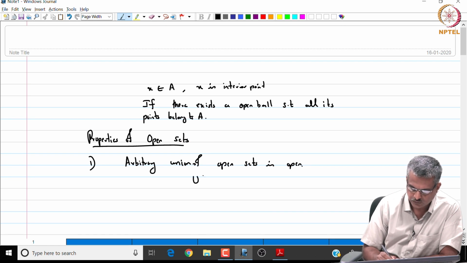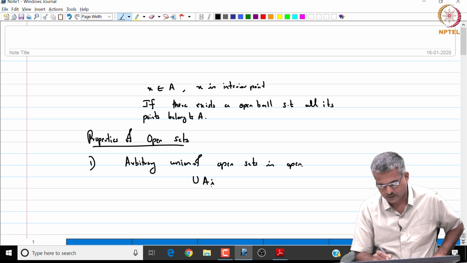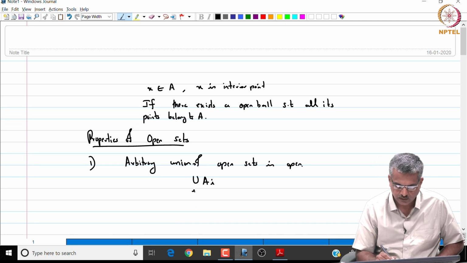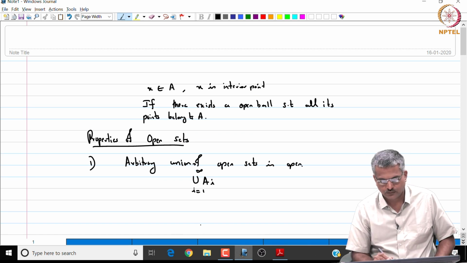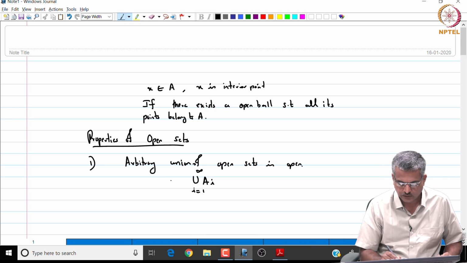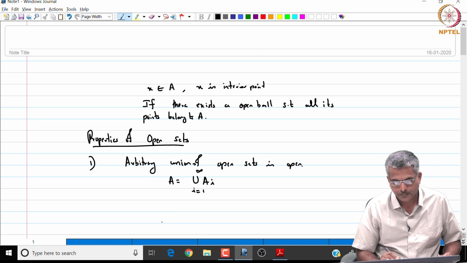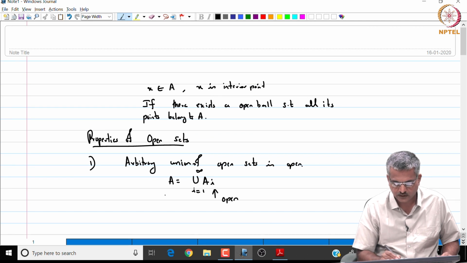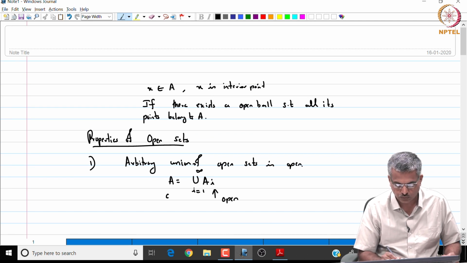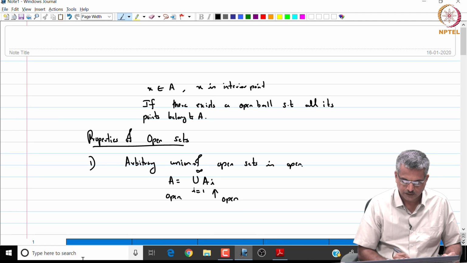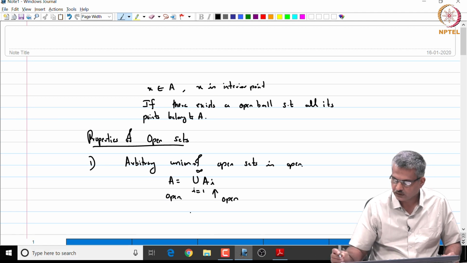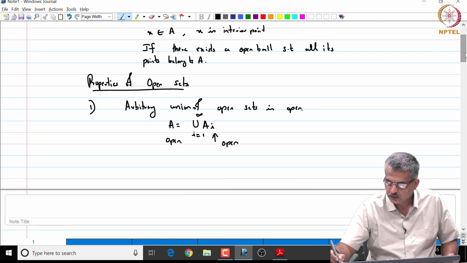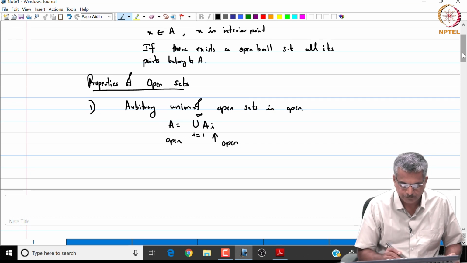That means if you have a collection of open sets where each A_i is open, and you take an arbitrary union of them, and I call this some A, then the arbitrary union of open sets is also open. We will not prove this; it is a property.